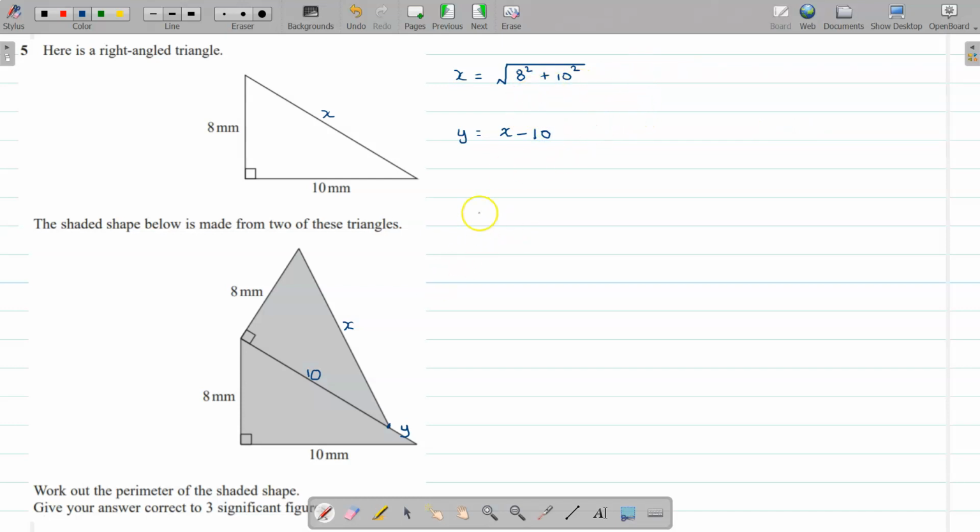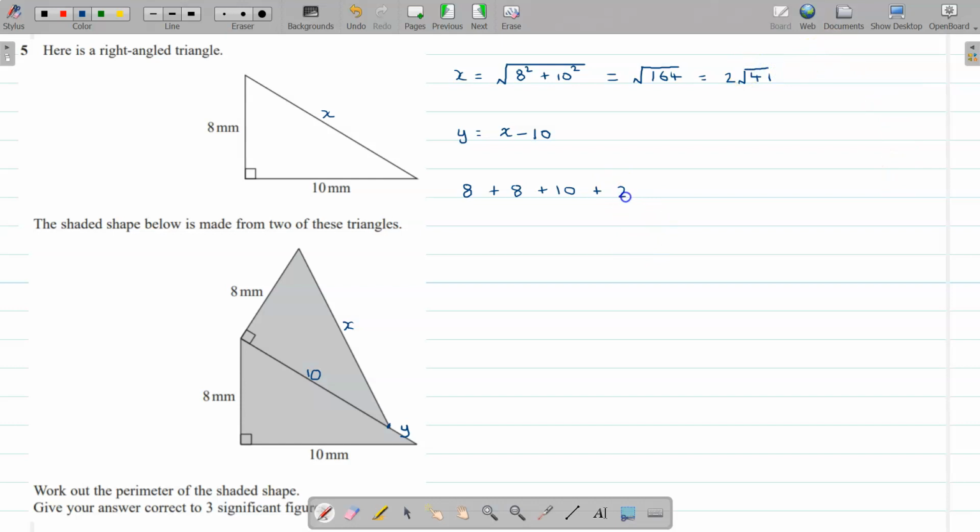And then I've just got to add the 5 things together. So the total perimeter is 8 plus 8 plus 10, plus the square root of that, which by the way is the square root of 164, and that simplifies further to give me 2 root 41, because it's root 4 times root 41.